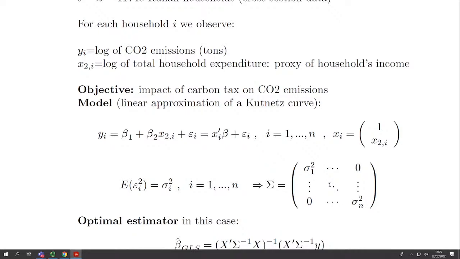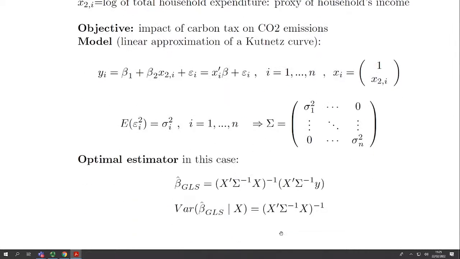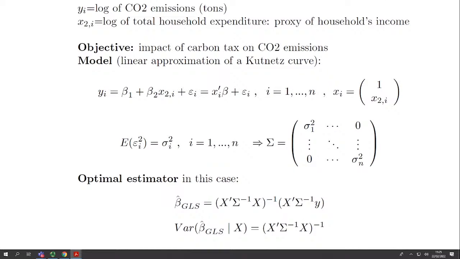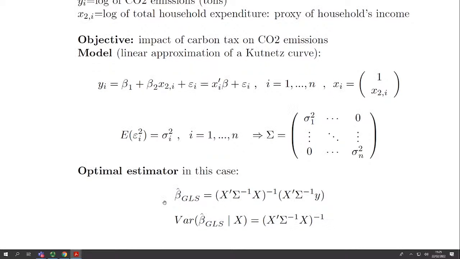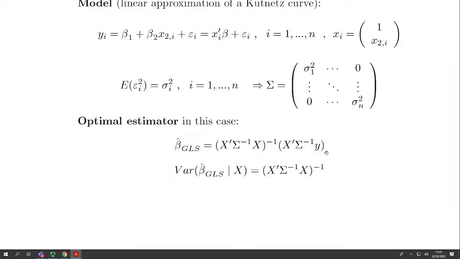From the theory we developed yesterday, we know that since the big sigma is diagonal but has different elements on the main diagonal because of the heteroscedasticity, the OLS estimator is no longer the optimal one, but the optimal estimator of the parameter beta in this case is the GLS. And this is the expression of the GLS estimator.